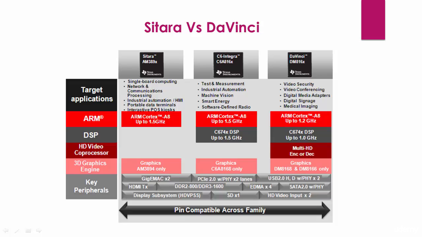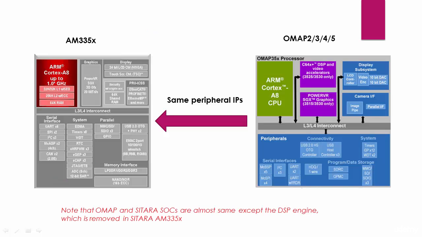So the peripheral IPs are entirely different and they need different codes to handle them. But in the case of AM335X, even though the SoC belongs to a different family than OMAP, most of the peripheral IPs are exactly the same as the OMAP2 or OMAP3-4 family of SoCs.